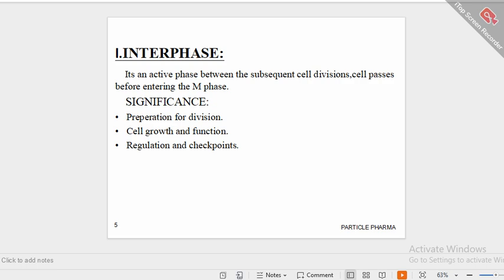Let me begin with interphase, which is an active phase or crucial step in the cell cycle. Before the cell enters into M phase, it will pass through interphase so it can prepare for division and to enter the M phase.